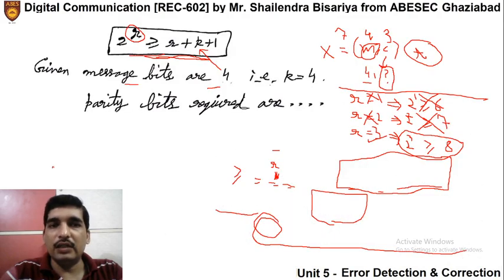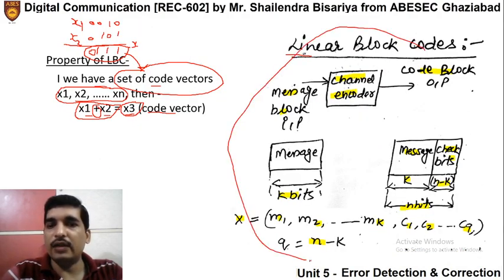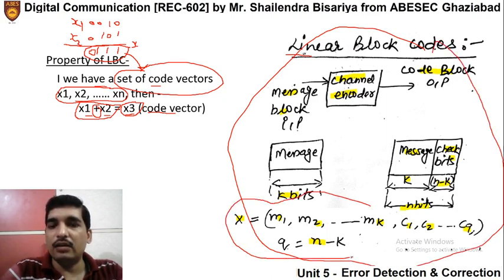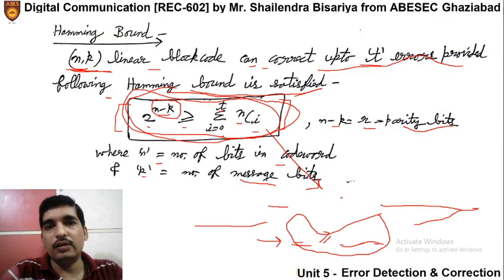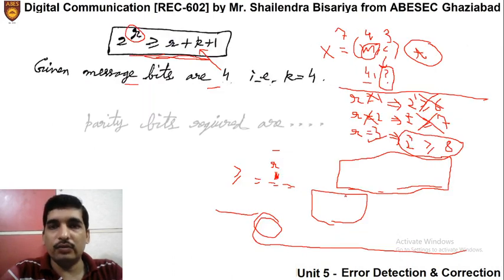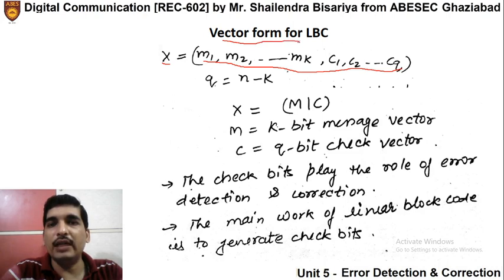We have already discussed the linear block code, and how we represent x as m1 m2 up to mk, followed by c1 c2 up to cq. Now from this form let us represent our code word in vector form of a linear block code.